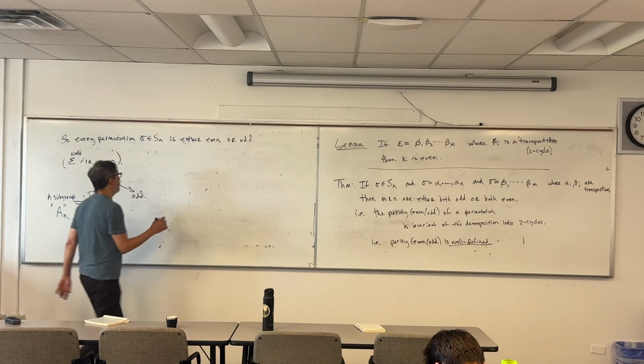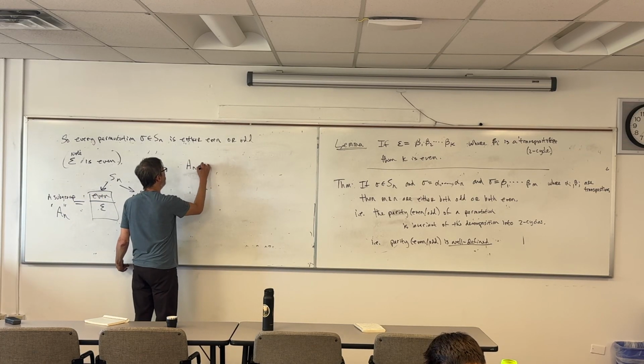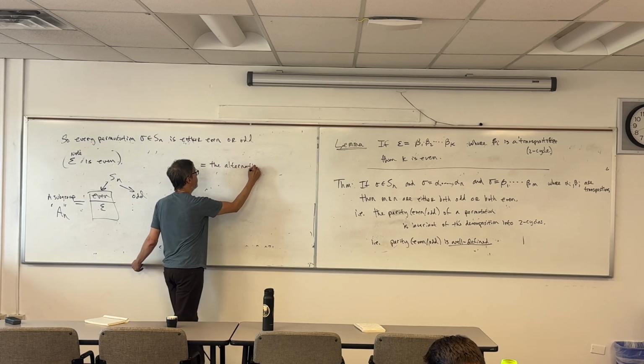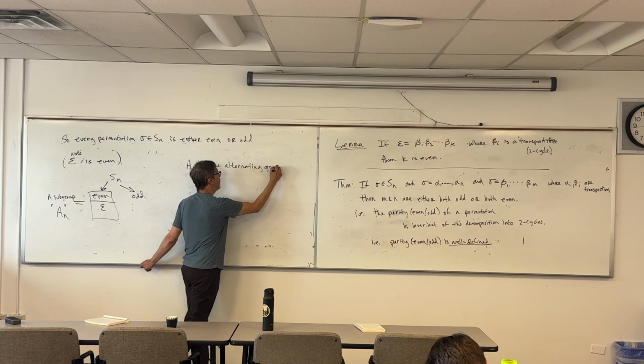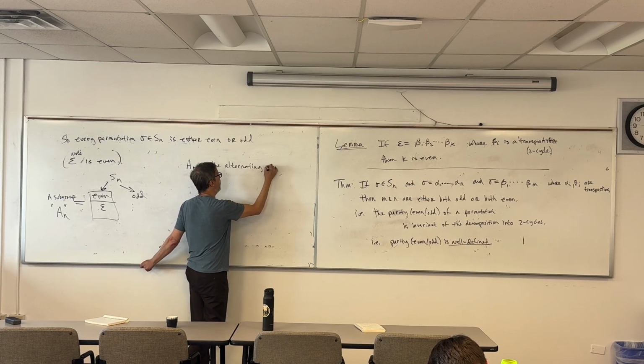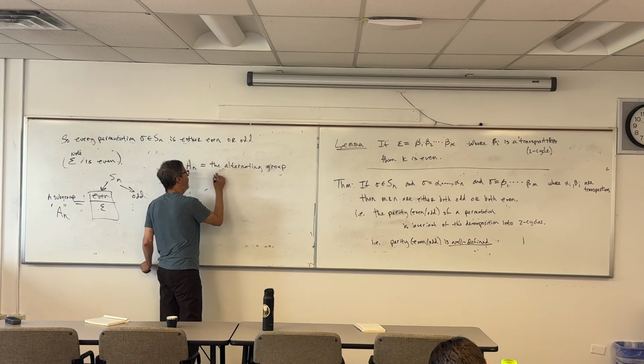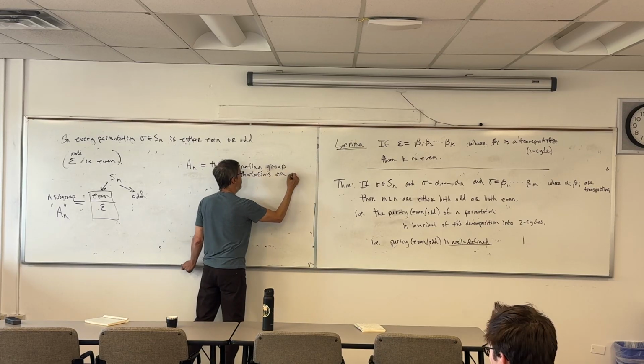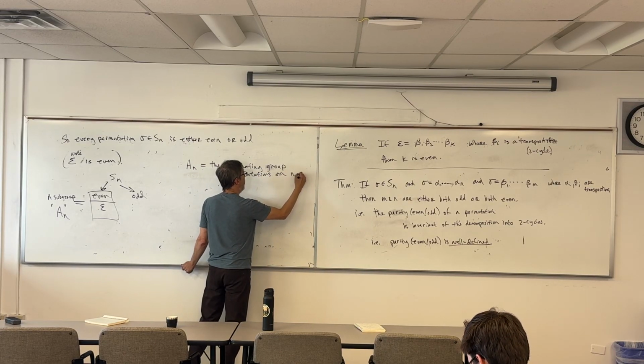This is called the alternating group. The alternating group, I think we can call it a group unto itself, of permutations on n things.